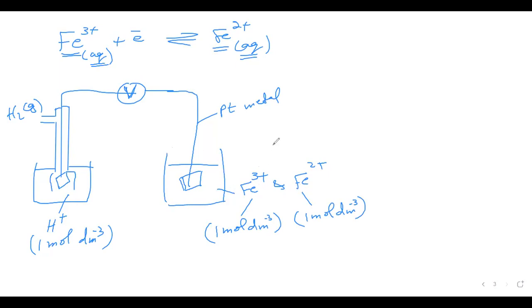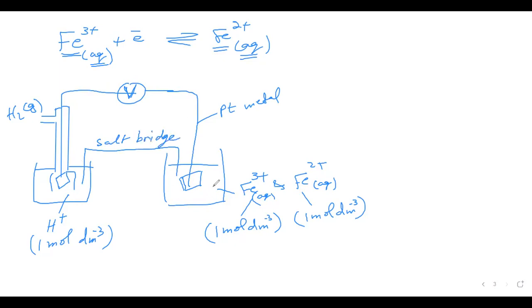And since both are aqueous solutions, this means that we cannot connect the voltmeter directly to them. That's why we use the platinum metal dipped in this solution of the mixture of both, and we connect this platinum wire to the voltmeter, to the hydrogen electrode, and we do not forget to connect these two solutions by a salt bridge so that the circuit will be closed.